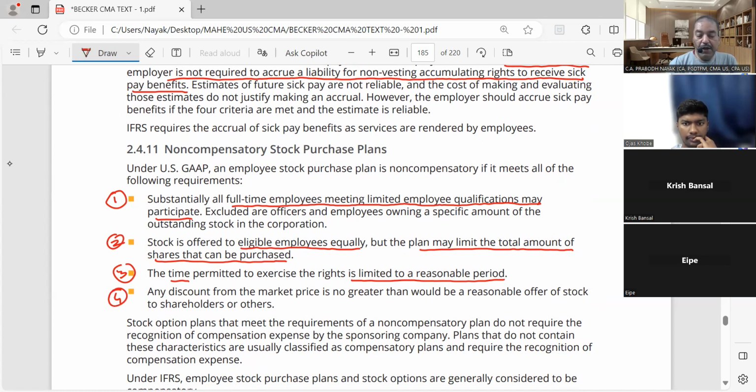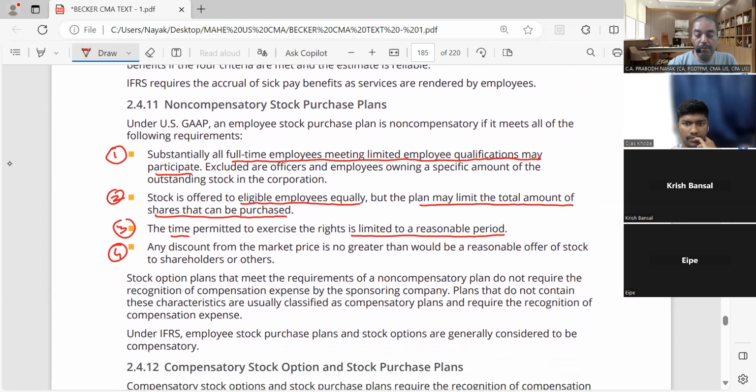Stock option plans that meet the requirements of a non-compensatory plan do not require the recognition of compensation expense by the sponsoring company. Plans that do not contain these characteristics are usually classified as compensatory plans and require the recognition of compensation expense. Now, can you tell me what is the meaning of this compensatory plan and non-compensatory plan?